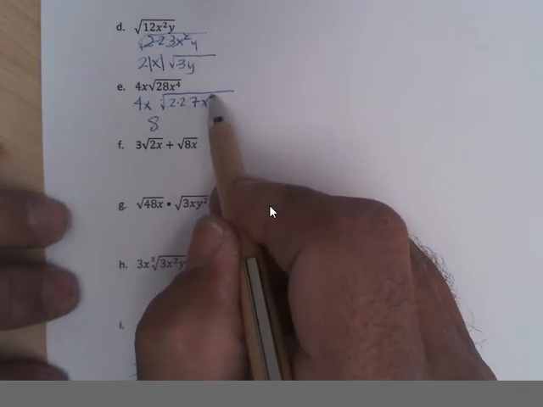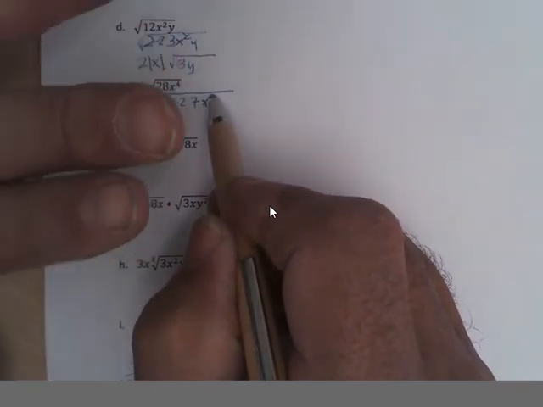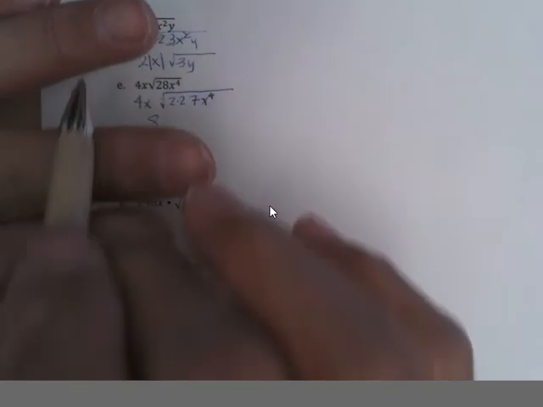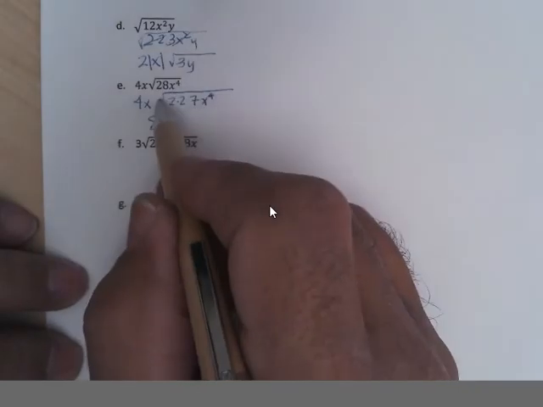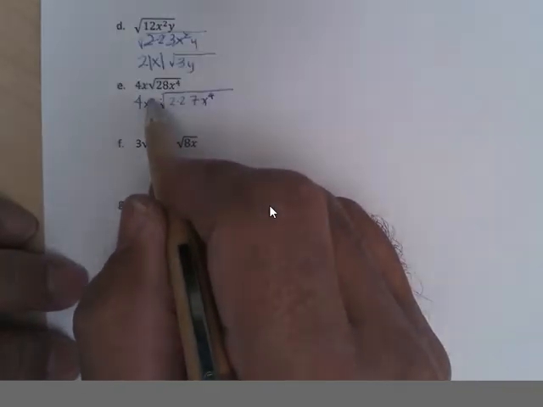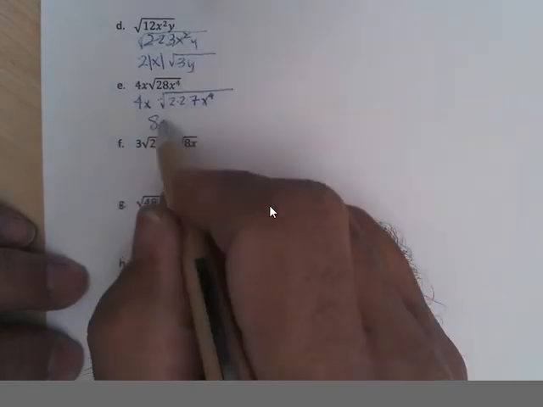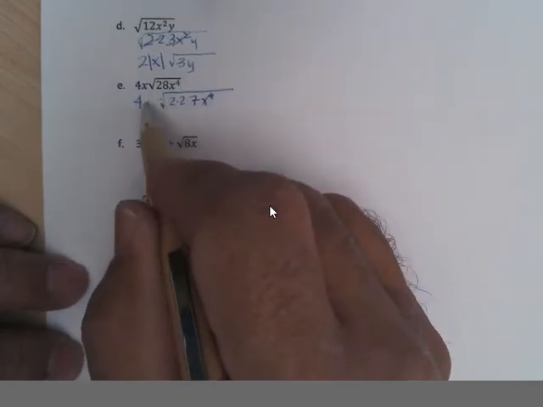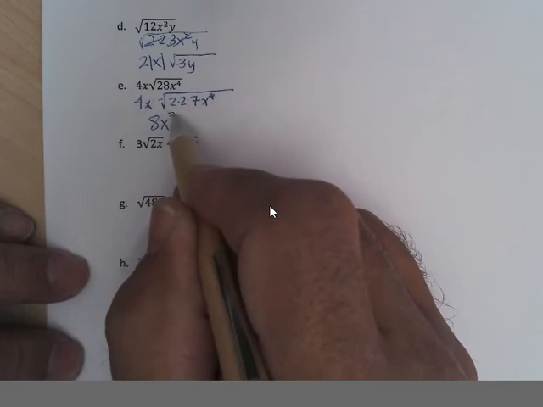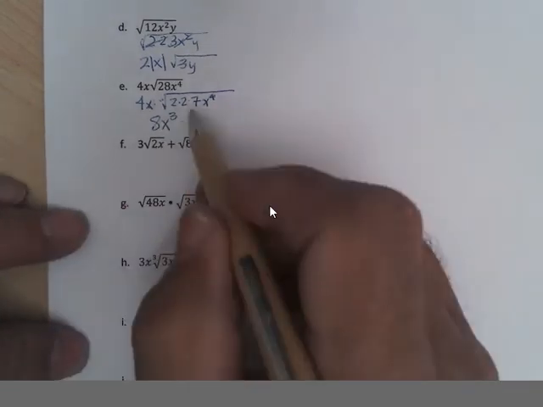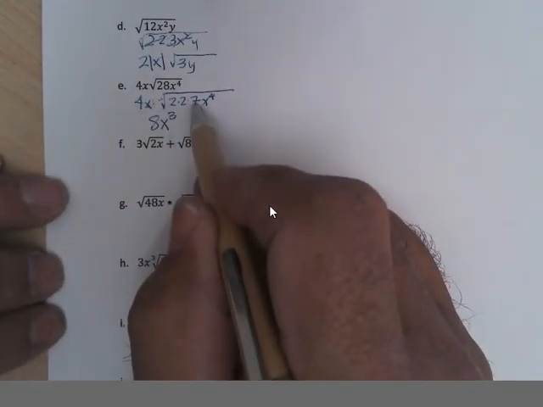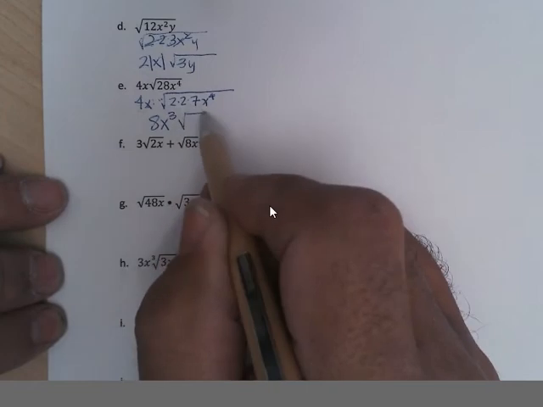This 4 x's, each pair of them will come out as an x, so that's x squared. Even, x squared is okay. We don't worry about this one being odd, so we're bringing out an x squared to multiply by the x, so we get x to the third, no absolute value, and the 7 is what's left in the square root.